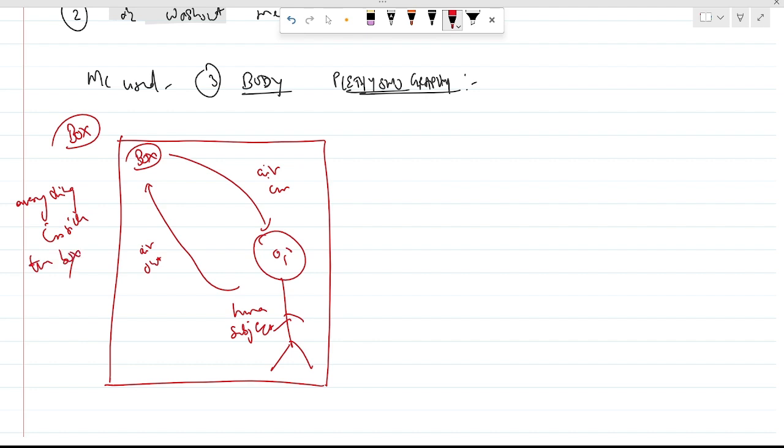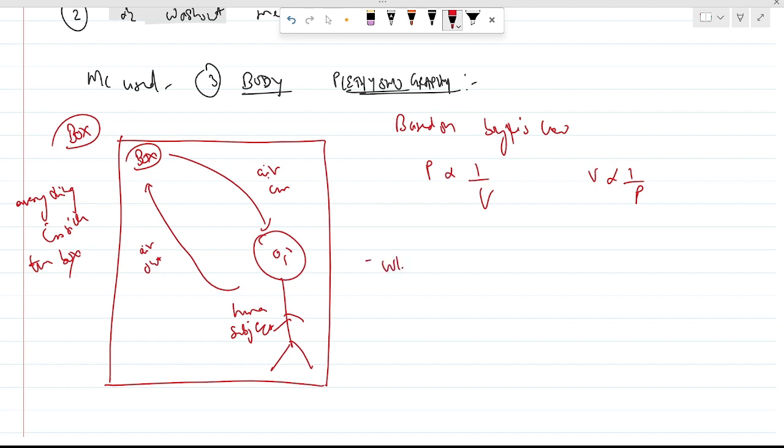Now this is all based on Boyle's law. What is Boyle's law? We have discussed it before. Pressure is inversely proportional to volume, or volume is inversely proportional to pressure.